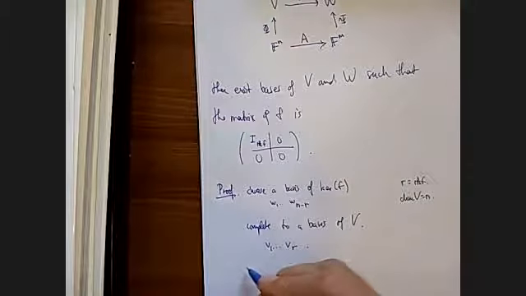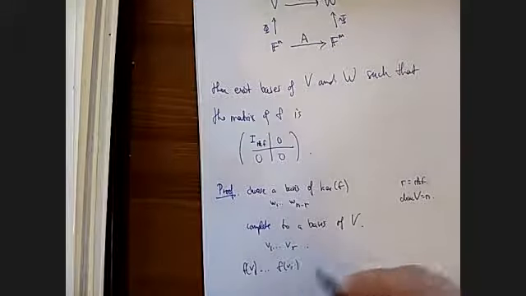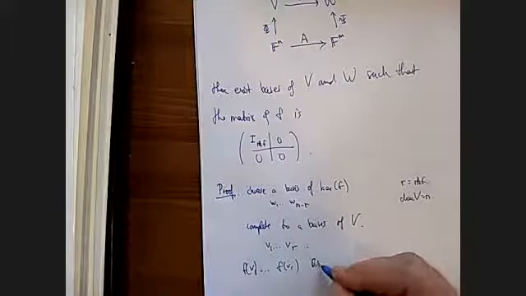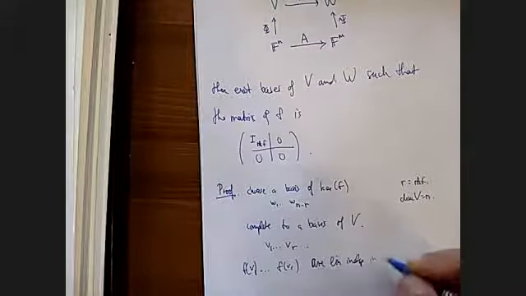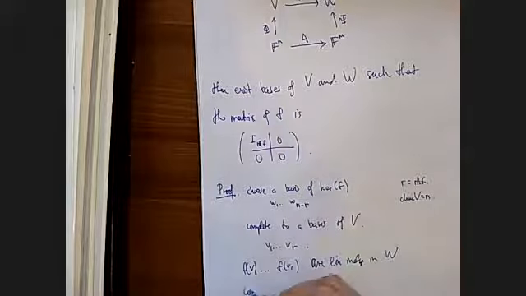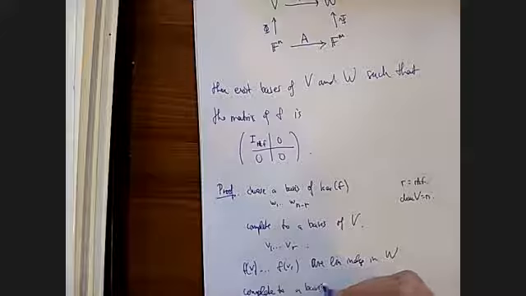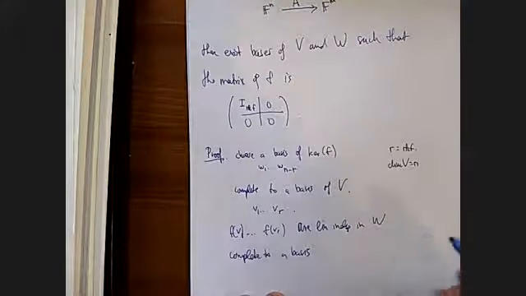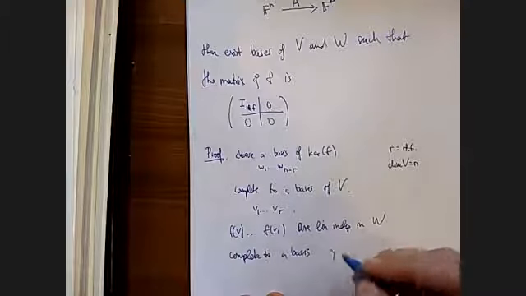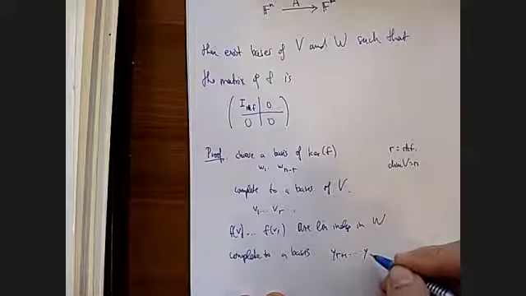And then we had seen that F of V1 through F of Vr are linearly independent in W, and then we can complete these to a basis with some more vectors, say Y(r plus 1) to Ym.